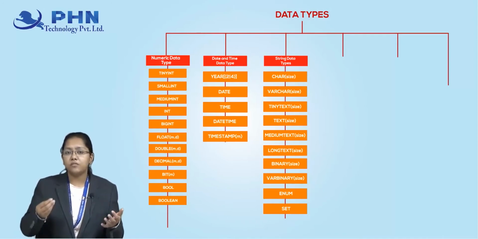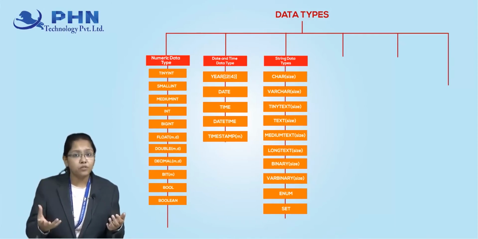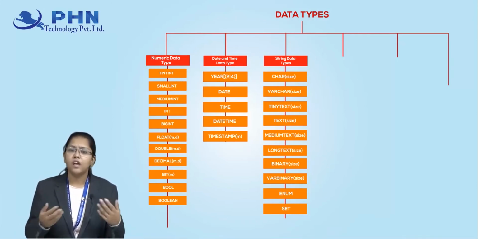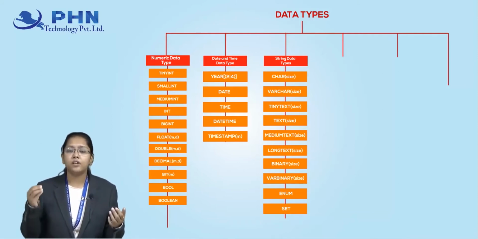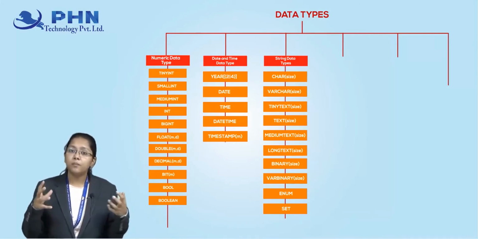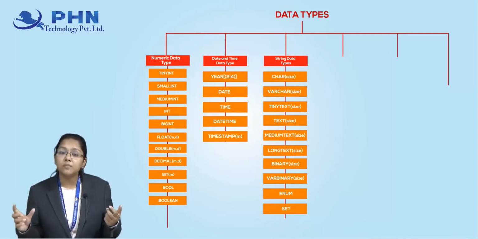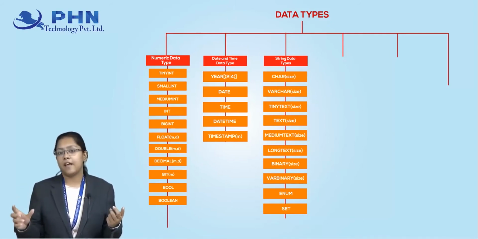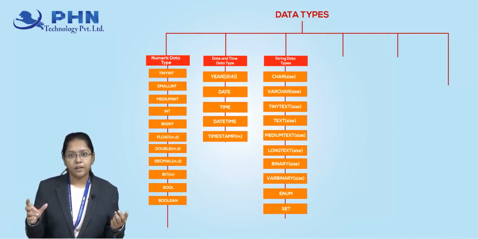If you want to declare a name, a person's name, you need to store it. Each record will definitely have a person's name. So that name is nothing but a string, a combination of characters. So here which data type will we use? A varchar data type will be used, right?